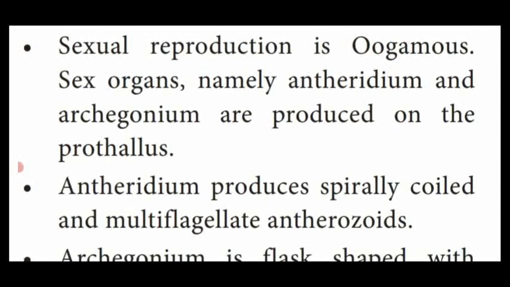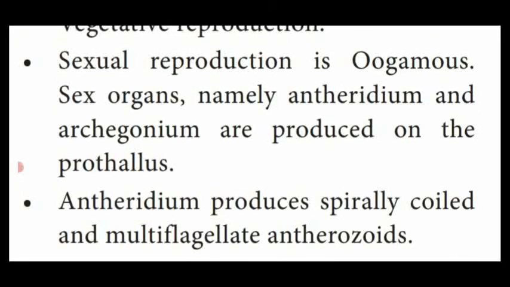Next, sexual reproduction. Sexual reproduction is oogamous type. Do you remember, students, what is oogamy? The gametes which are produced are both morphologically and physiologically dissimilar. The fusion of morphologically and physiologically different gametes, that type of reproduction is known as oogamous.